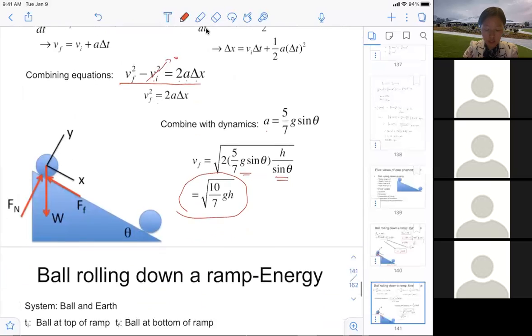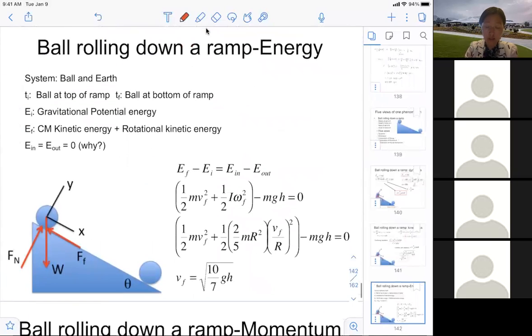It's probably much easier to solve this problem using an energy approach, and we have seen this multiple times. This is really just a transformation from gravitational potential energy to kinetic energy. The only difference is now we have 2 parts of the kinetic energy: one is your translational, one is your rotational kinetic energy.